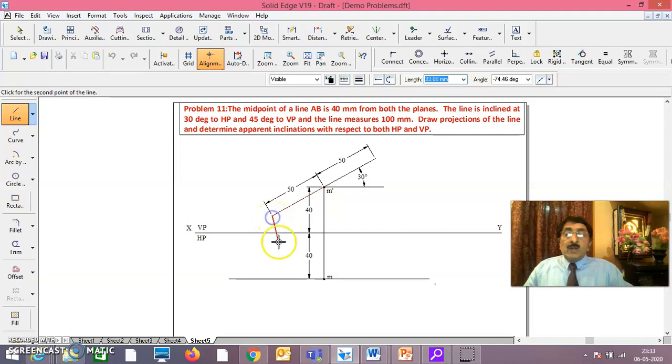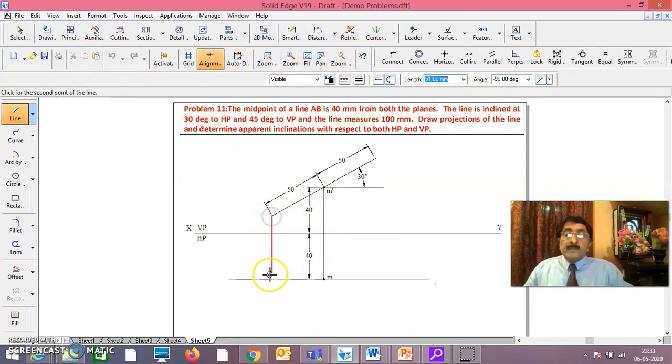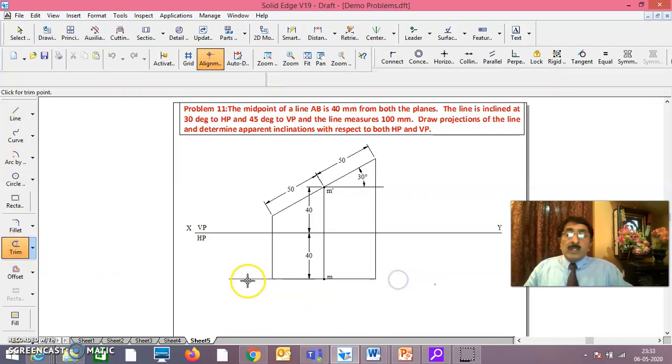In that way, you draw this. Now you see here, the corresponding other view. You can trim off the extra things. See here, this is true length. Corresponding other view parallel to XY line.